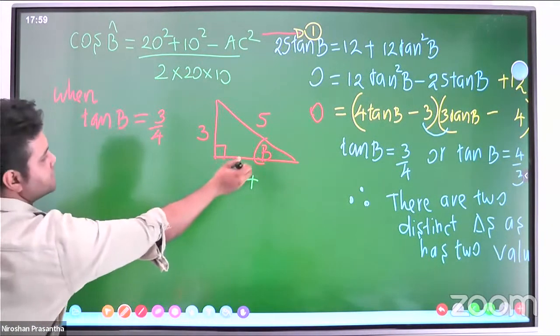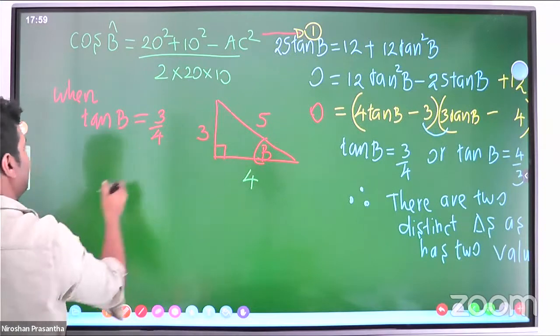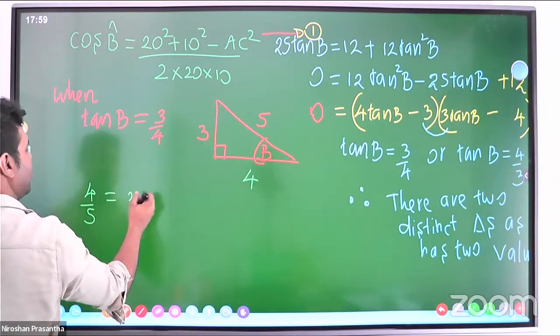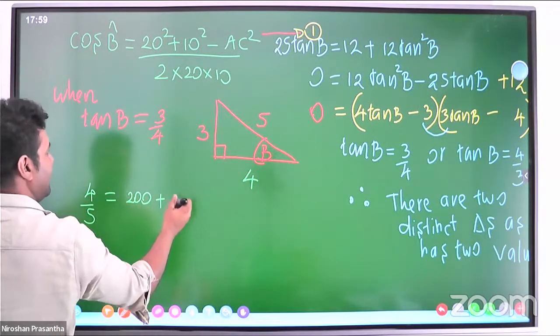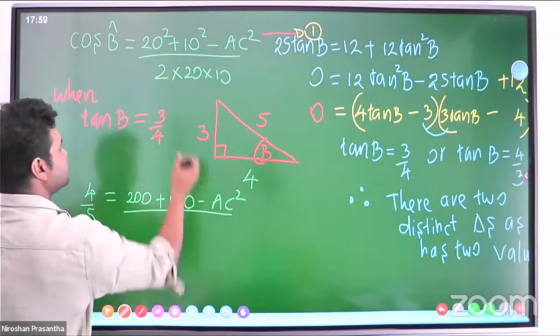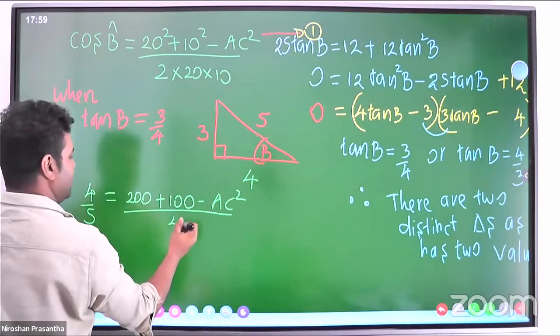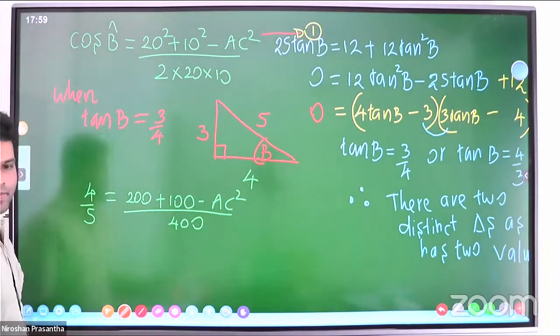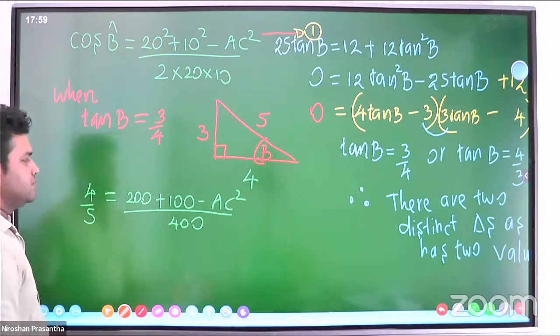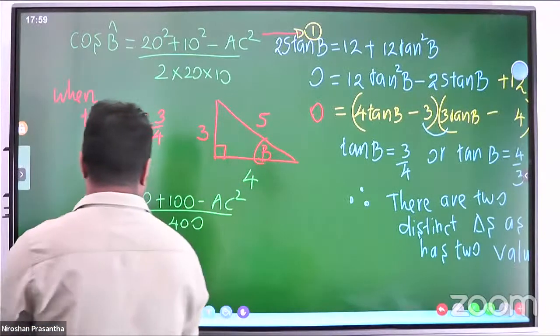Cos B is 4 over 5. 4 over 5, 200 and 100. AC square, this is, yes, 400. Can I find AC? Yes, 20 square, and it should be 400. Yeah, 400. Very good.